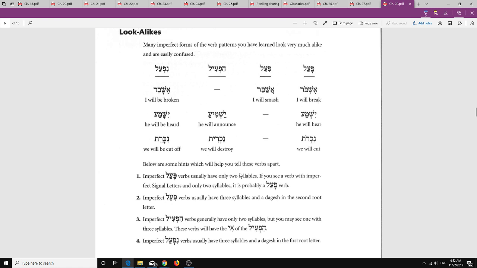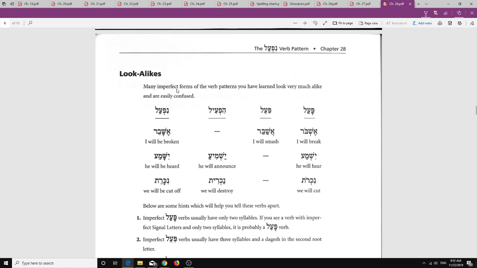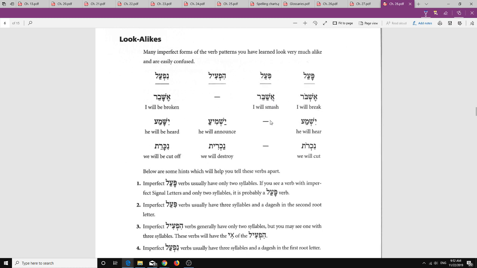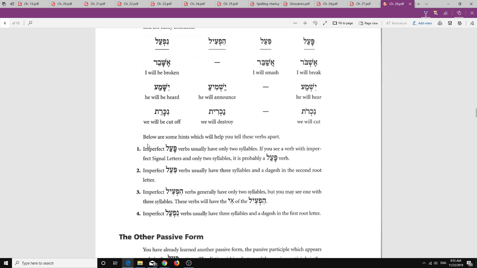A couple more things in this chapter. Many imperfect forms of the verbs of different verb patterns look alike, okay, and they can be confused. So that's why we have to slow down with some of this, okay? Again, let's go over these four before we look at this chart.